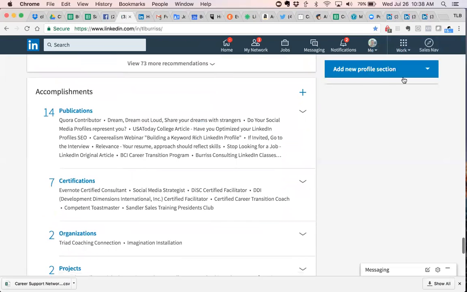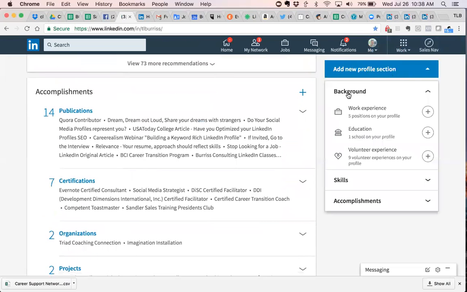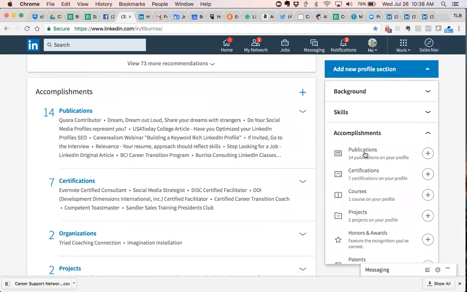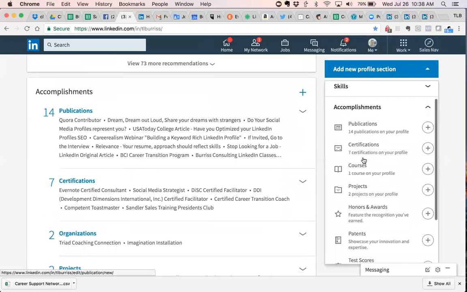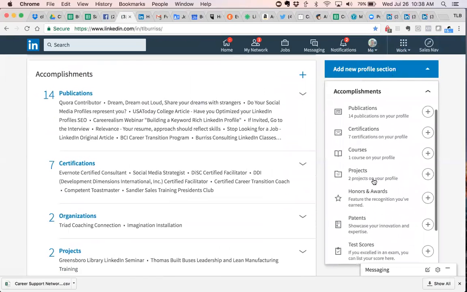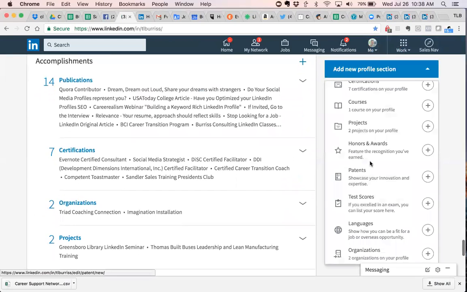If you look over here, this blue bar, this is where you add new sections to your profile. We talked about background so far. We talked about skills. Now I'm going to talk about the accomplishment sections. Interestingly, everything else beyond background and skills, LinkedIn dropped into accomplishments. So here's your publications, your research, your courses, projects, honors and awards, patents, tests, languages, organizations.